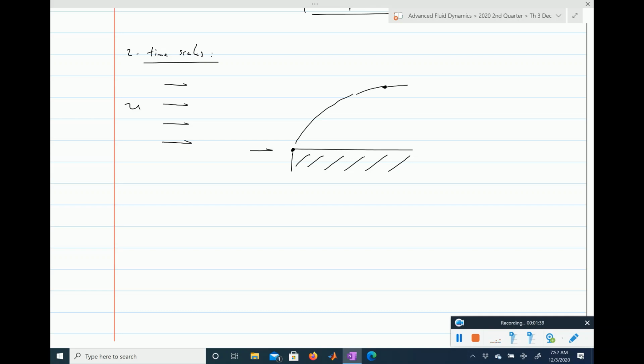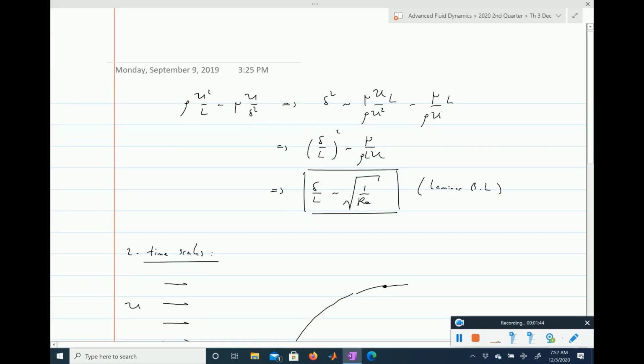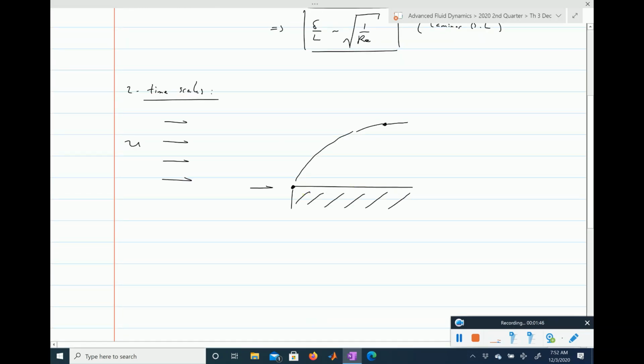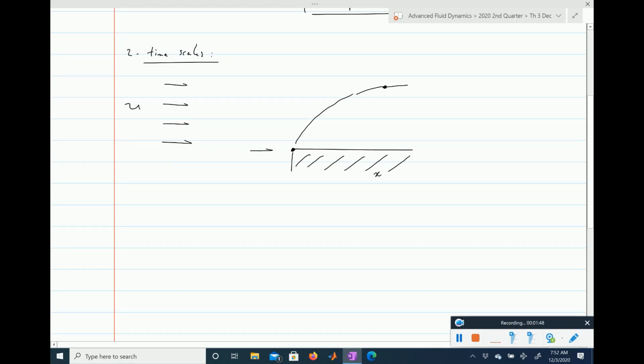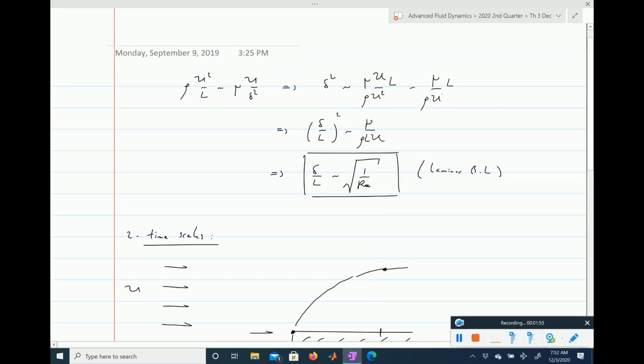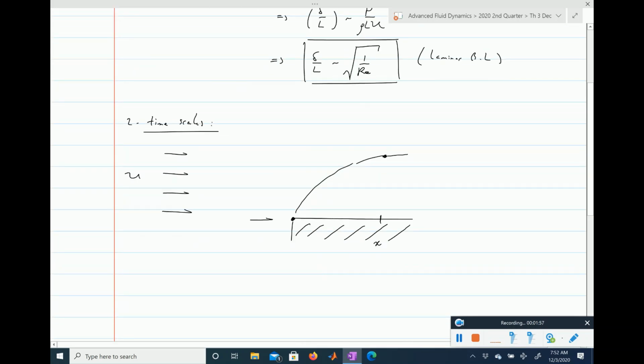So let's think about vorticity. We've discussed that before. At this solid interface, we will create vorticity. And so the question we're going to ask is, let's assume that we are at a point x along the x-axis here, and the question is, how far into the bulk of the flow has vorticity diffused?